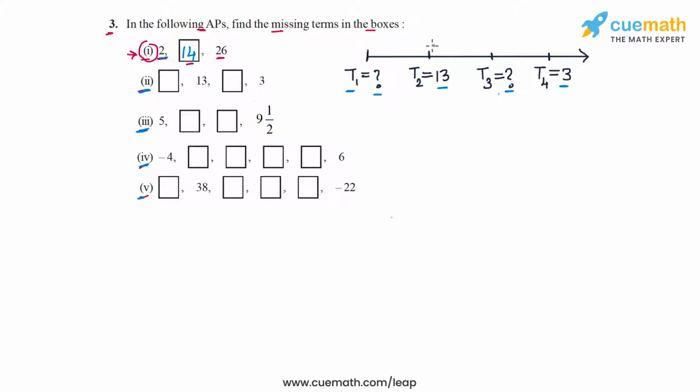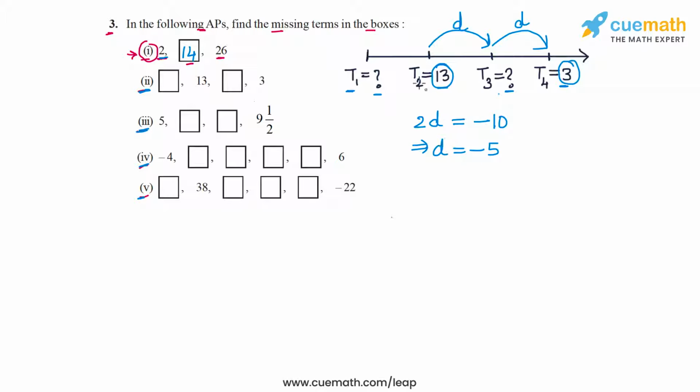So imagine going from the second term T2 to the fourth term T4. To do that, we'll have to make two jumps of the common difference, right? So D and D. That will take us from 13 to 3, and that's a change of minus 10. So 2D, or two jumps of D, will give us a change of minus 10, and this means that D must be equal to minus 5.